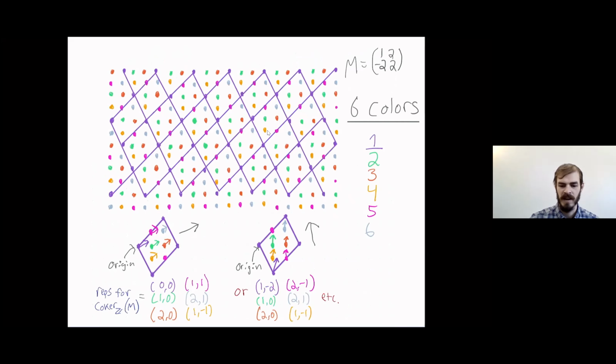And they form this structure, and I drew for one of the colors these parallelograms that show you how all of the elements of the same equivalence class are related to each other.